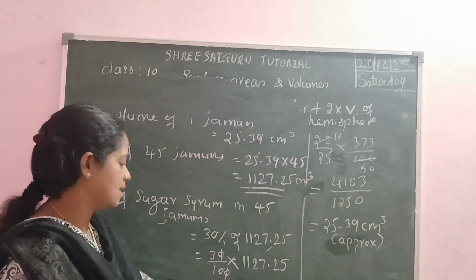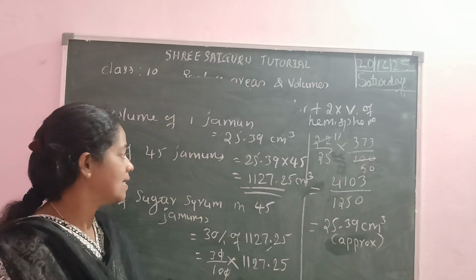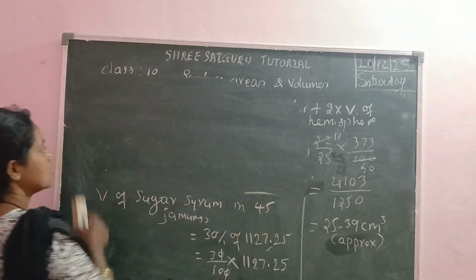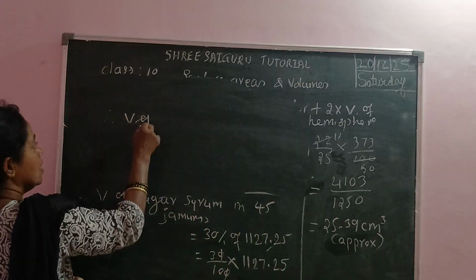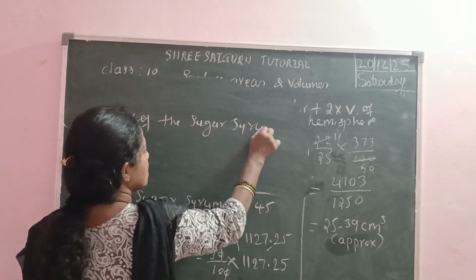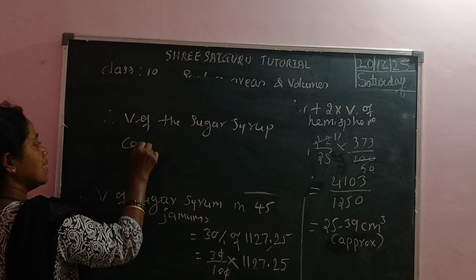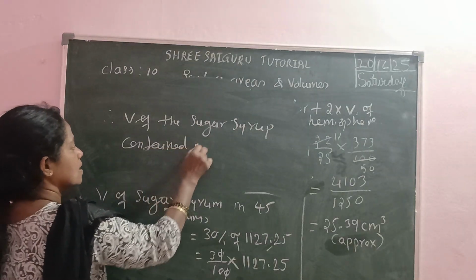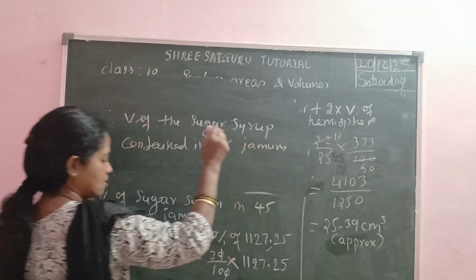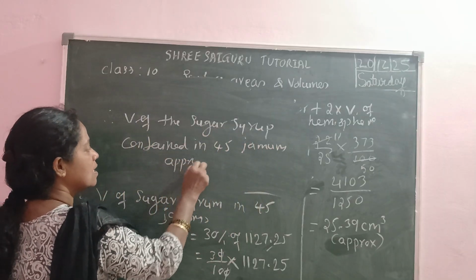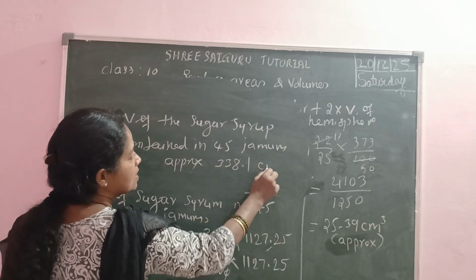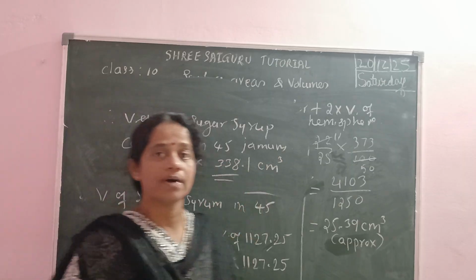So the final, required answer: therefore, the volume of the sugar syrup contained in 45 jamuns is approximately 338.1 centimeter cube. This is the required answer.